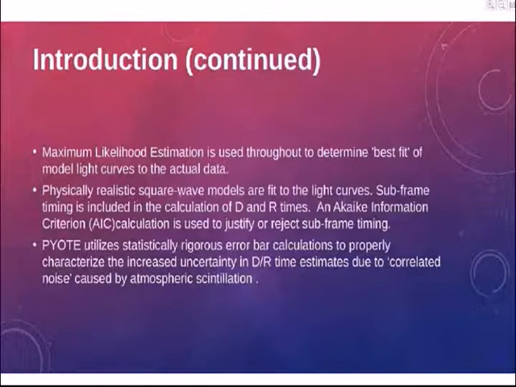And Gaussian noise is valid, except that atmospheric scintillation causes noise that is also Gaussian and correlated. That means that blocks of data can fluctuate up and down based on the scintillation bubbles. And PYOTE and PYOTE both take that into account in the calculation of error bars. Next slide.